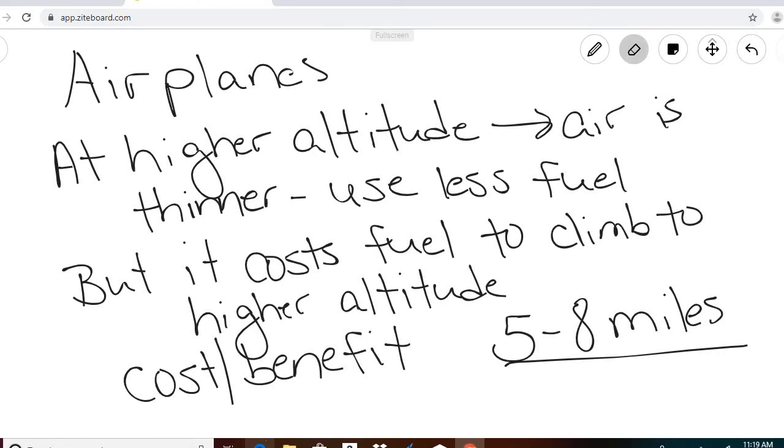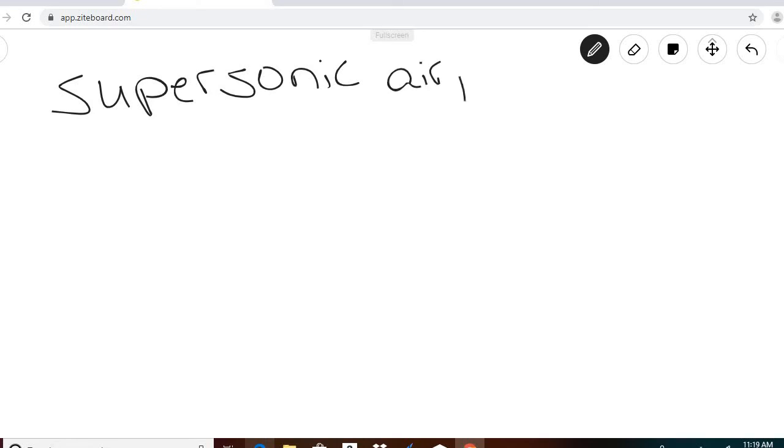Now, that's commercial airlines, but supersonic aircraft fly above the speed of sound. Because they are able to go at a very fast speed, they travel most efficiently where the air is thin.